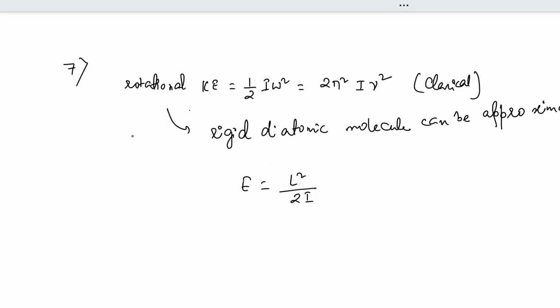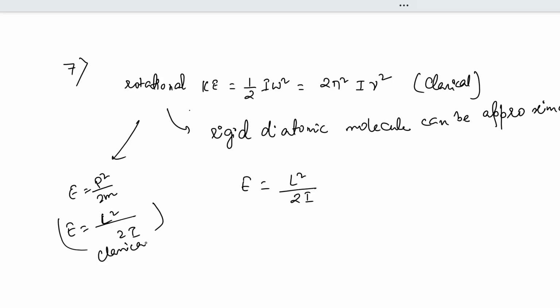You know that is also true for the classical case, because E for kinetic energy without any potential energy is P square by twice m. But for the angular momentum case, P will be replaced by the angular momentum L, and instead of the mass m you will have the equivalent moment of inertia for the rotational case, which is I. So this is the classical idea, you know that. But for the quantum mechanical case, instead of L squared you have the expectation value of the L squared operator divided by 2I.